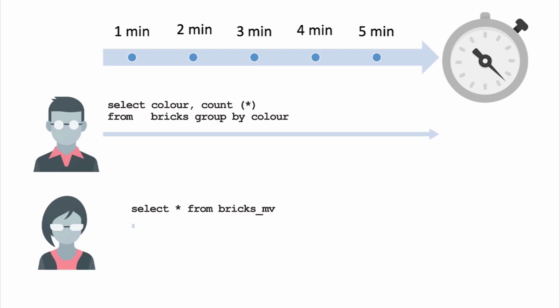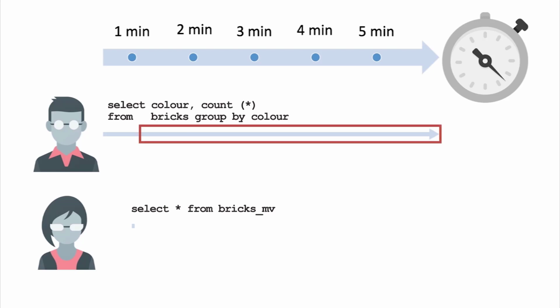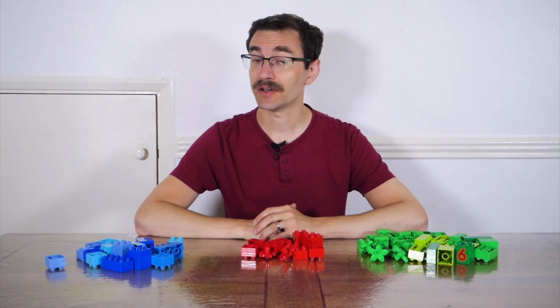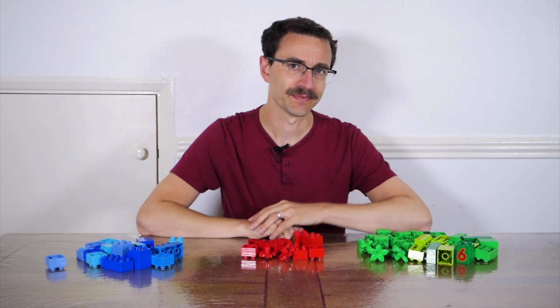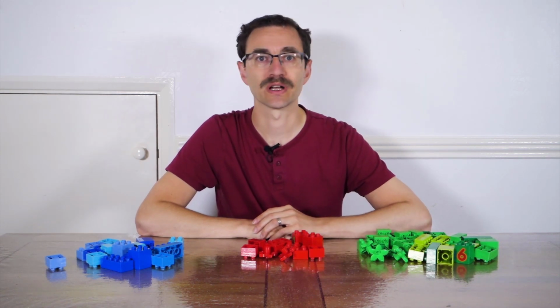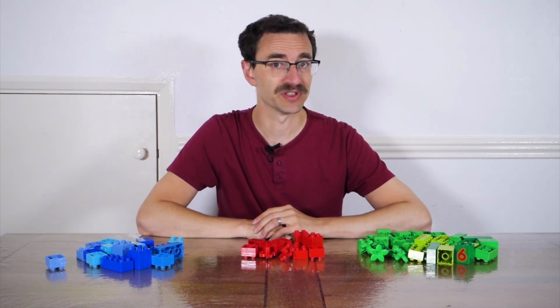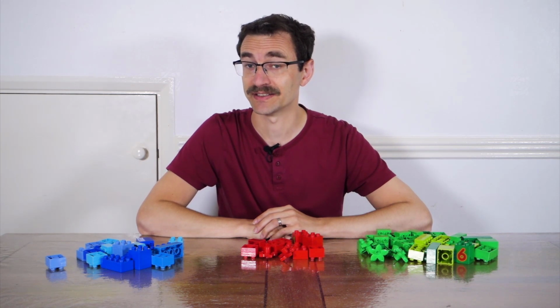The first user still has to wait another 4 minutes to get their results. So even though the second user started their query later and used, technically, out-of-date information, they waited less time and their answer is 4 minutes more up-to-date than the first one. So, stale data can be useful in some cases, but this is something where you need to work closely with the data consumers to ensure it meets their needs.